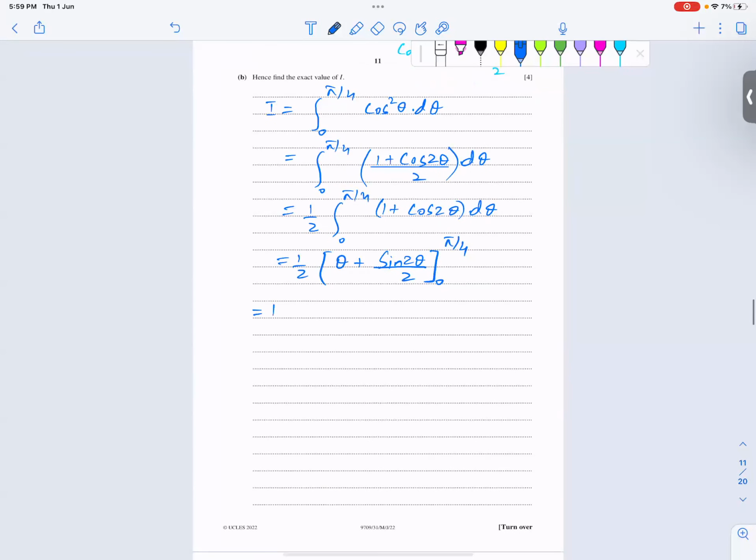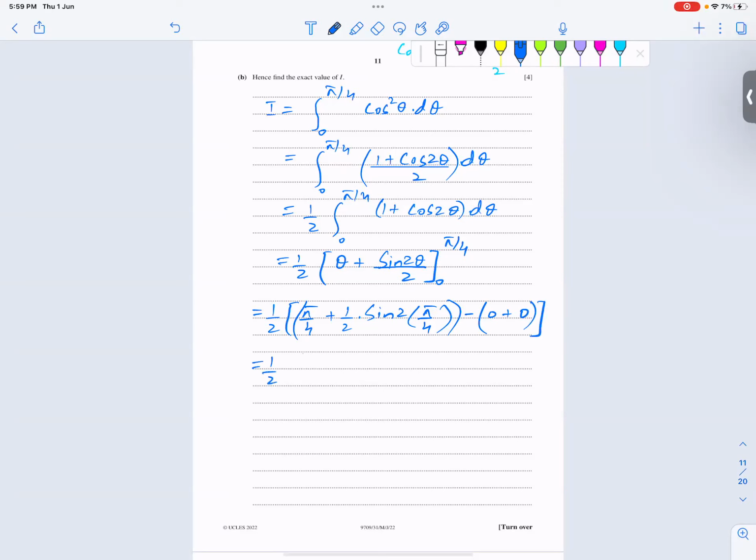Now just put the limits: pi over 4 plus 1 over 2 sine 2 times pi over 4. This was the upper limit, minus the lower limit, where theta is 0, and then sine 0 over 2 is just 0 over 2, that will be 0.